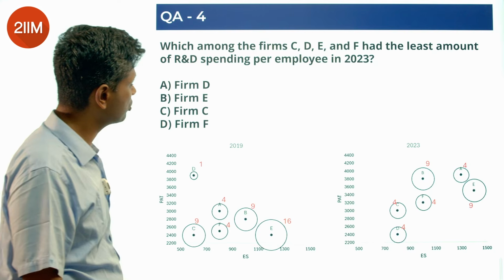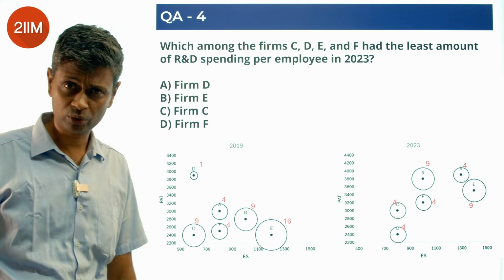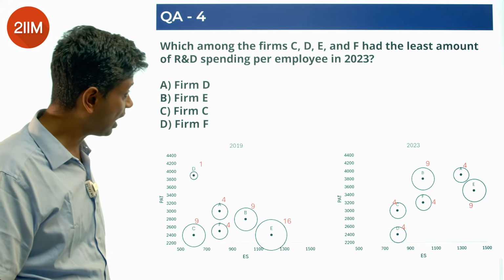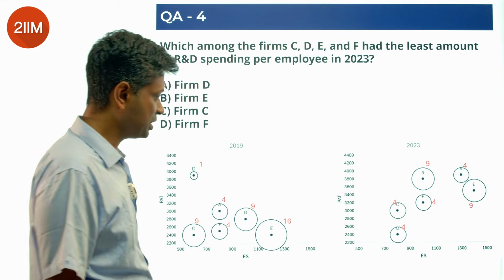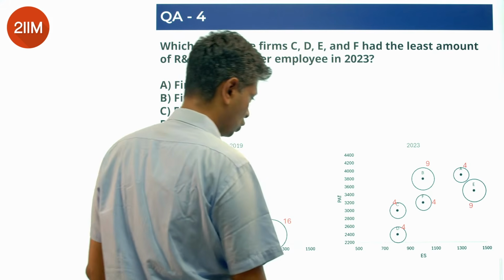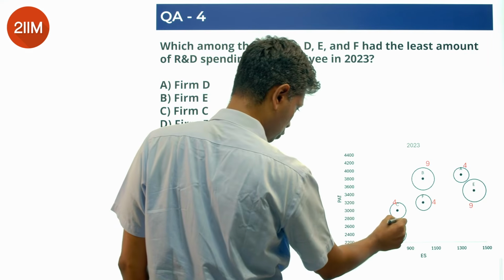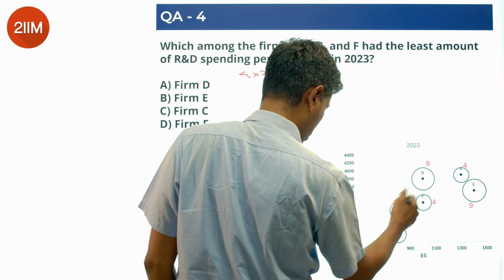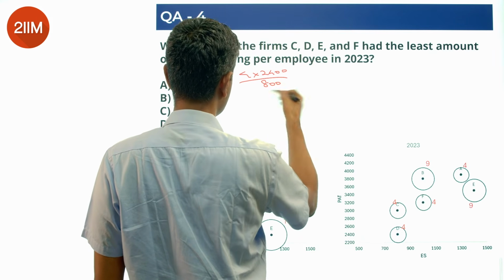Which among the firms C, D, E, and F had the least amount of R&D spending per employee in 2023? Least amount of R&D spending per employee 2023. Firm D is here. 4 into 2400, 4% of this number, 4x% of this number by 800 in some form.